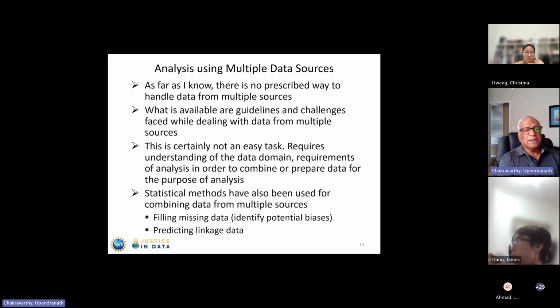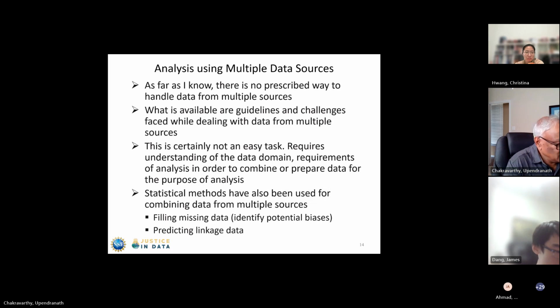It requires understanding of the data domain and requirements of analysis in order to combine or prepare data for the purpose of analysis. So this is something where a lot of methodology is still evolving. Statistical methods have also been used for combining data from multiple sources.